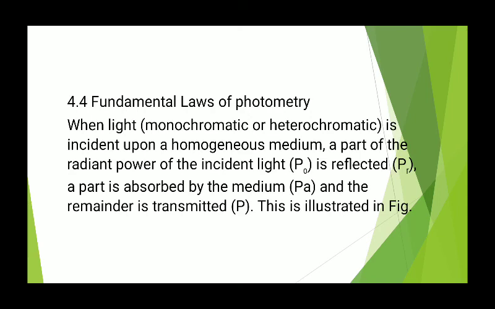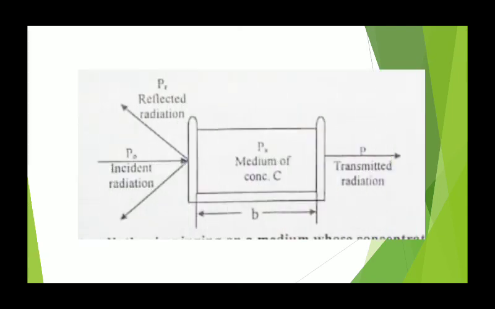When monochromatic light or heterochromatic light is incident upon a homogeneous medium, a part of the radiant power of the incident radiation is reflected, a part is absorbed by the medium, and the remaining part is transmitted.